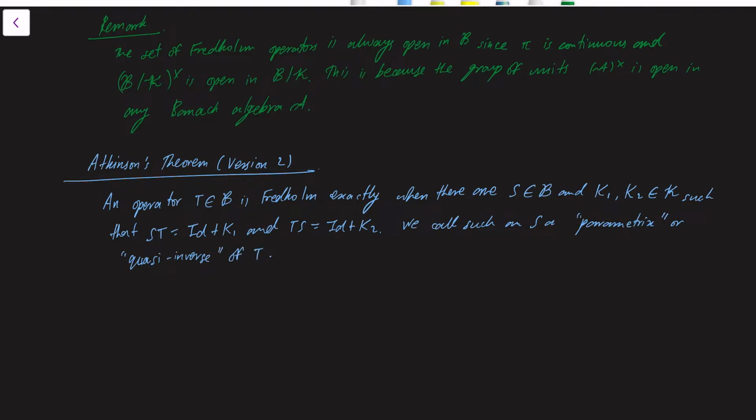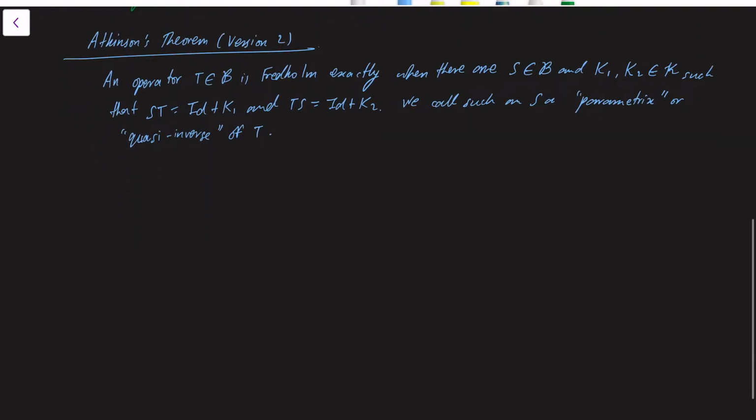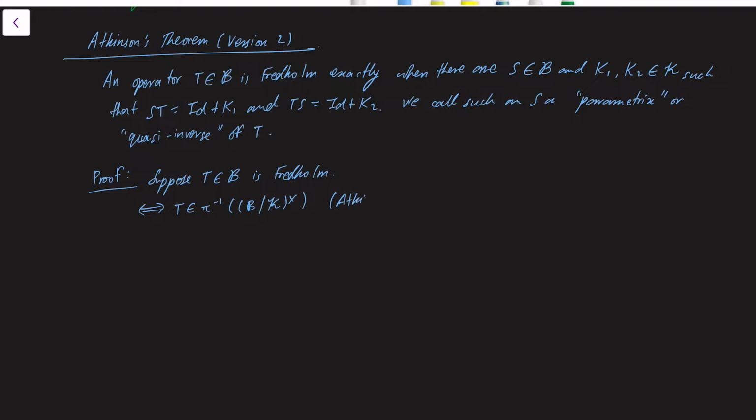Now the proof for this goes as follows. Suppose T in B is Fredholm. Then this is true if and only if pi of T is in pi inverse of B over K cross. This is by Atkinson's theorem version 1.